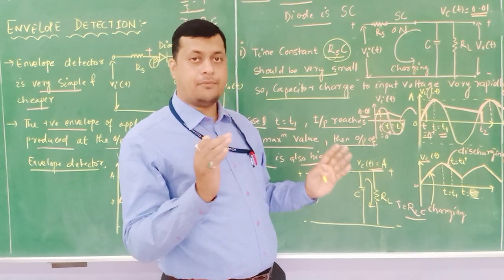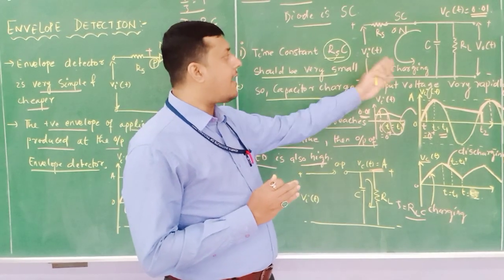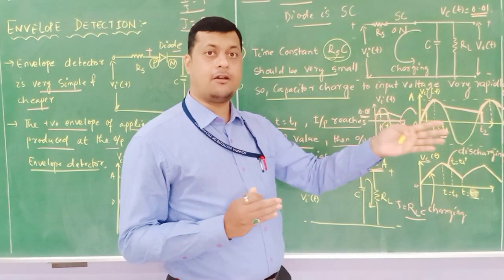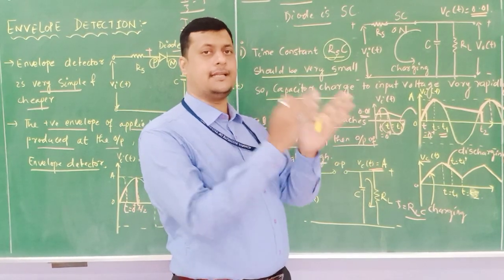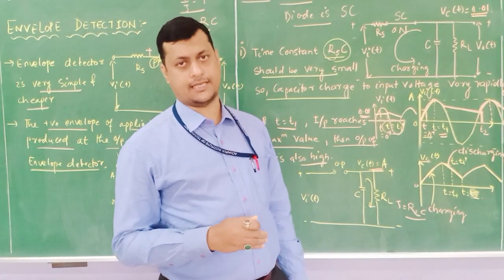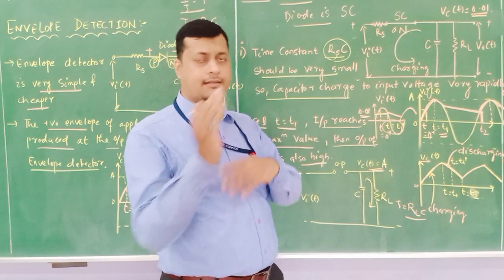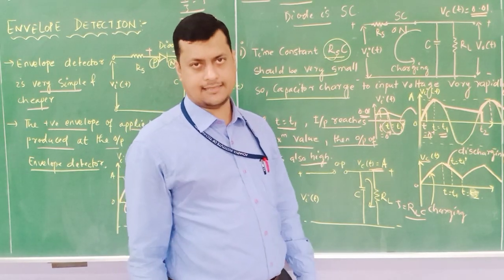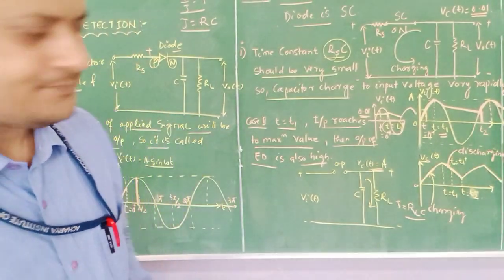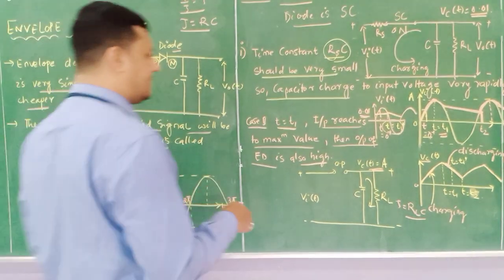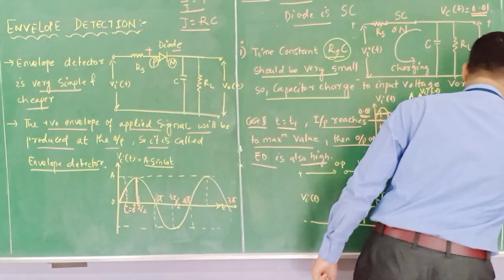So with the help of this combination, this R and C will decide, or it will vary, between the carrier frequency and the modulating frequency. And with the help of that, we can reconstruct our modulating signal. Okay. So this is the concept behind the envelope detection, and two more conditions I will write.